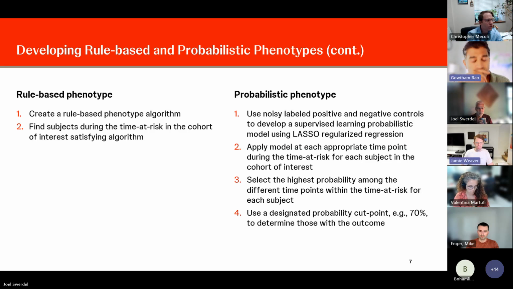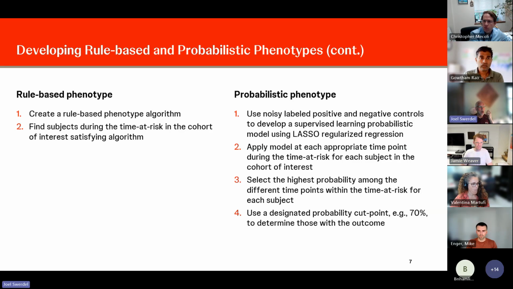Hey Joel, what is the time at risk during a rule-based phenotype? Is it just during an observation period, or is it within some study population? Usually, when I think of identifying a phenotype in a database, the time at risk is just when they're observed.